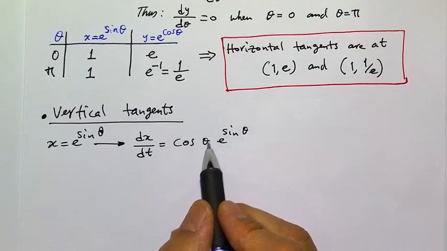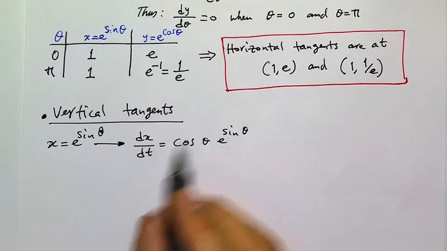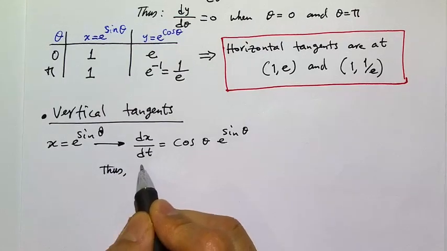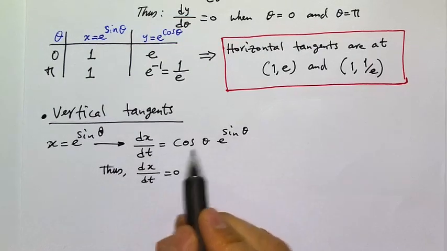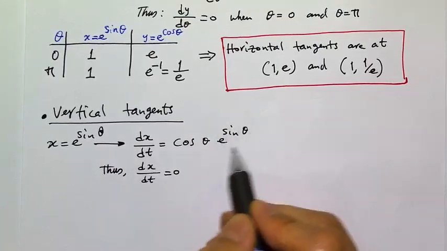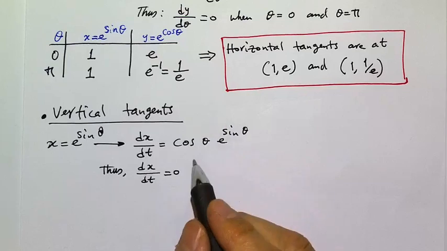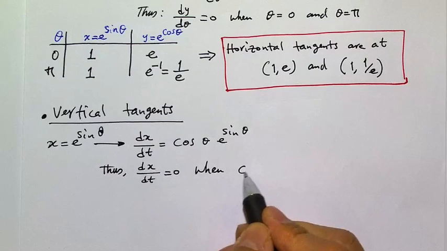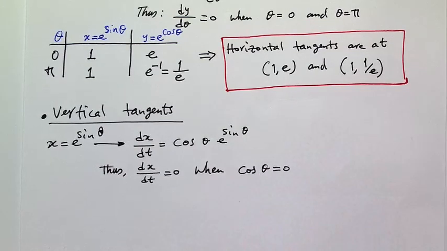Then let's see for which values of theta this quantity is 0. dx/dt is 0 only when, because the exponential quantity is never going to be 0, cosine of theta is equal to 0. That's the only case when dx/dt is 0.